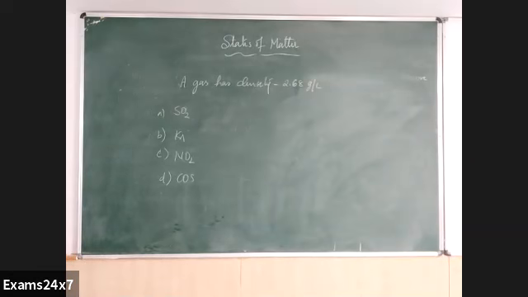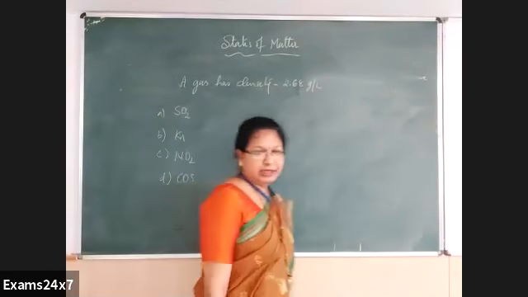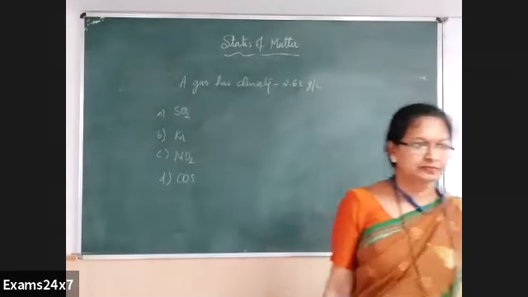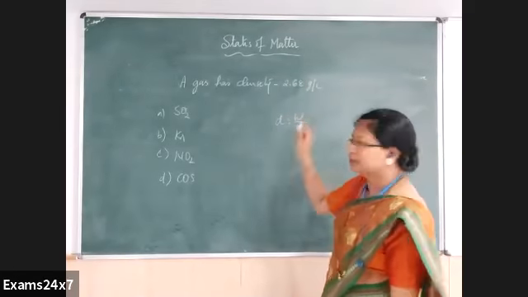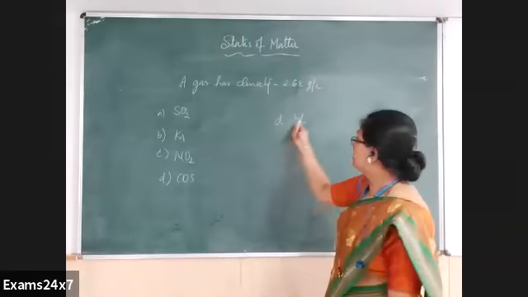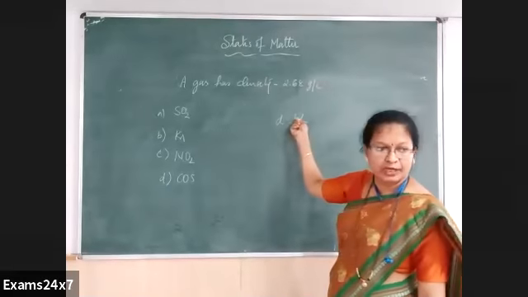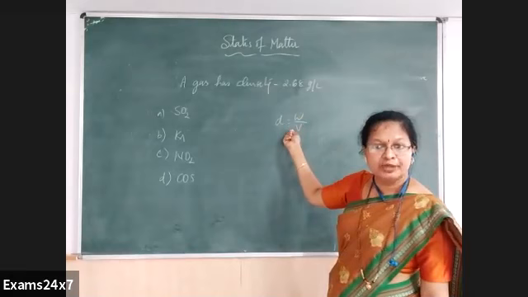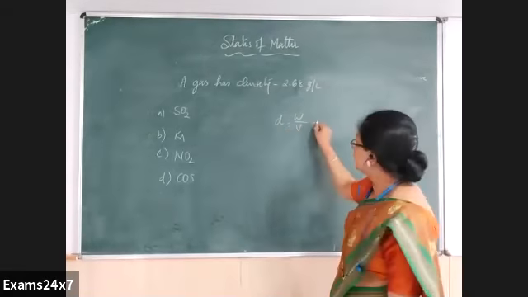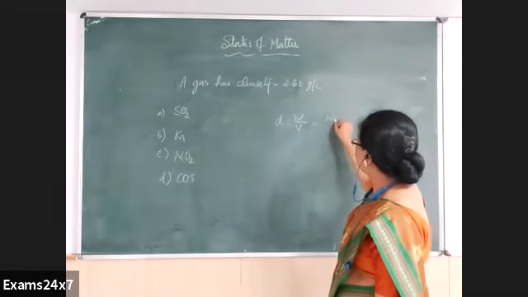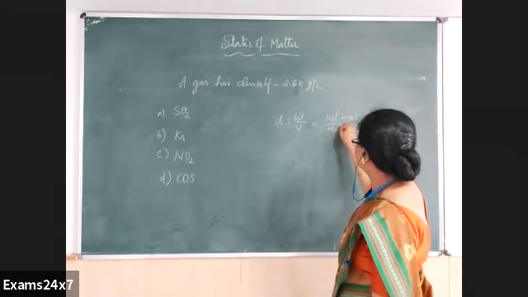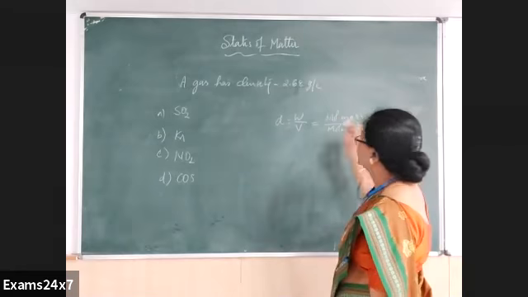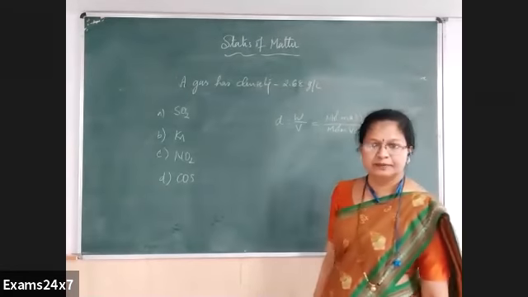How to solve it? Density of the gas is given as so many grams per liter. Density is mass by volume, right? Instead of mass, if I have molar mass, volume should be molar volume. So density can even be said as molar mass divided by molar volume. So can you get molar mass from here?